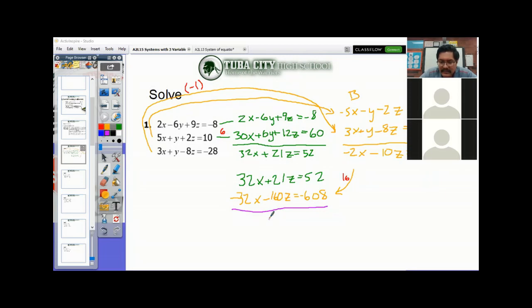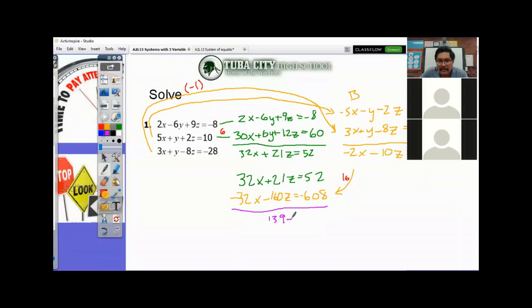21 minus 160, and that's going to be 139. 139z. And 52 minus 608, which is going to be 556.